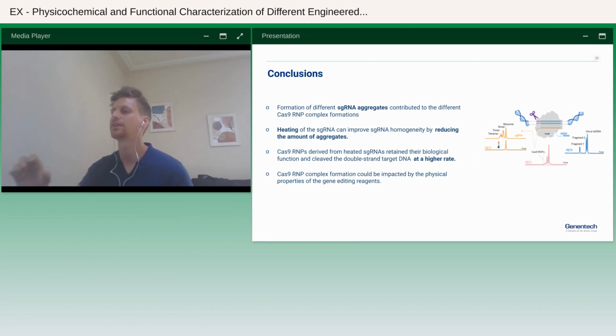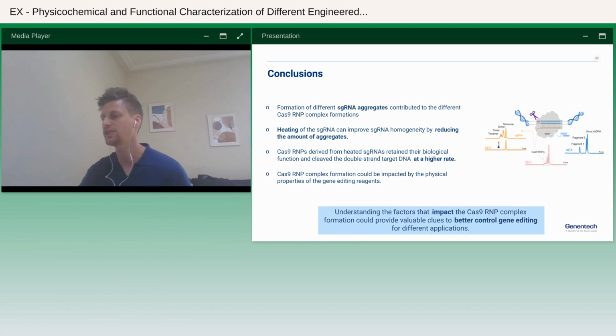That it can also retain the biological function, and more importantly, can cleave the double-strand DNA at a higher rate, and also that the Cas9 RNP complex could be impacted by the physical properties of the gene editing reagent. And through this presentation, the key message was that understanding the factors that impact Cas9 RNP complex formation could provide valuable clues to better control gene editing for different clinical applications.